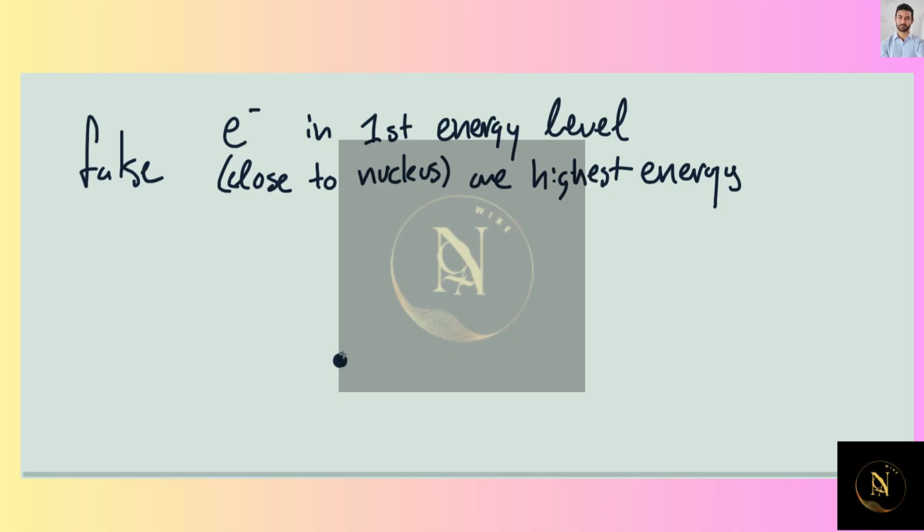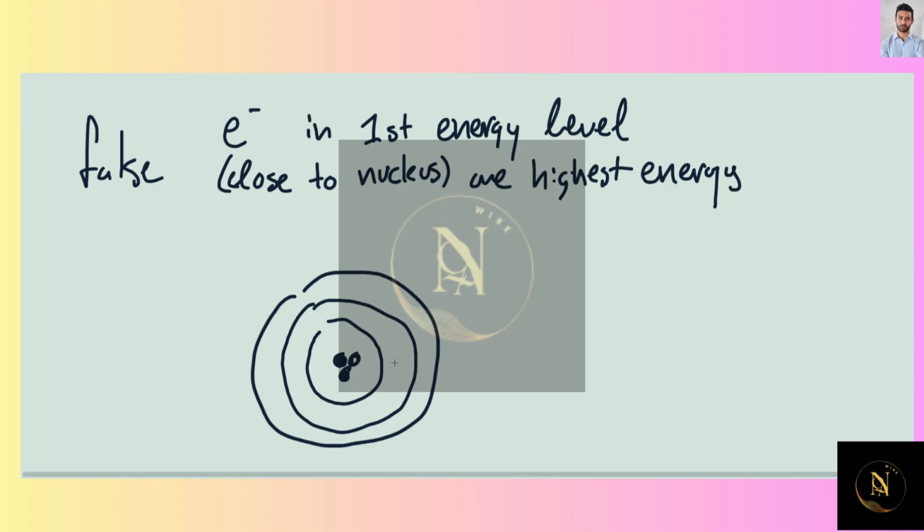Recall that if we look at, like, the Bohr model, and this is our nucleus, and we have these orbitals, the further the electron gets from the nucleus, the higher the energy it has.